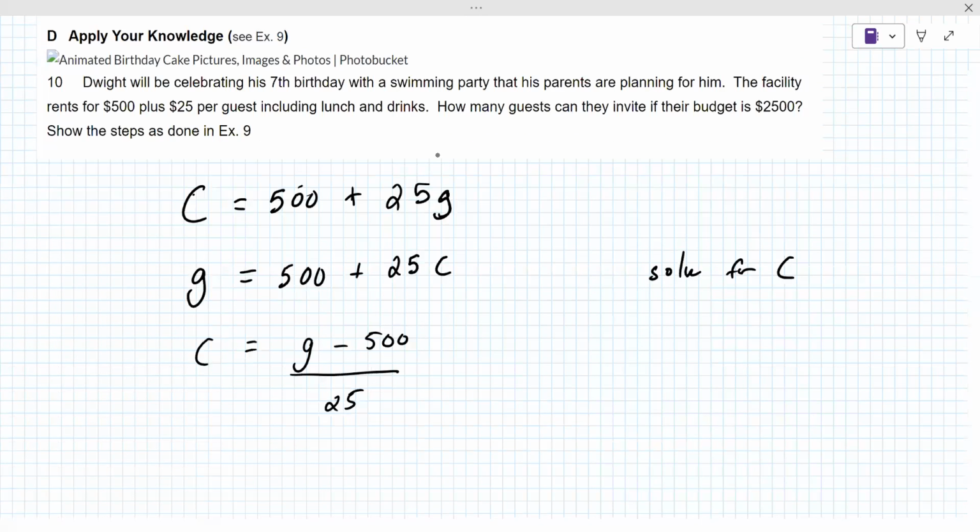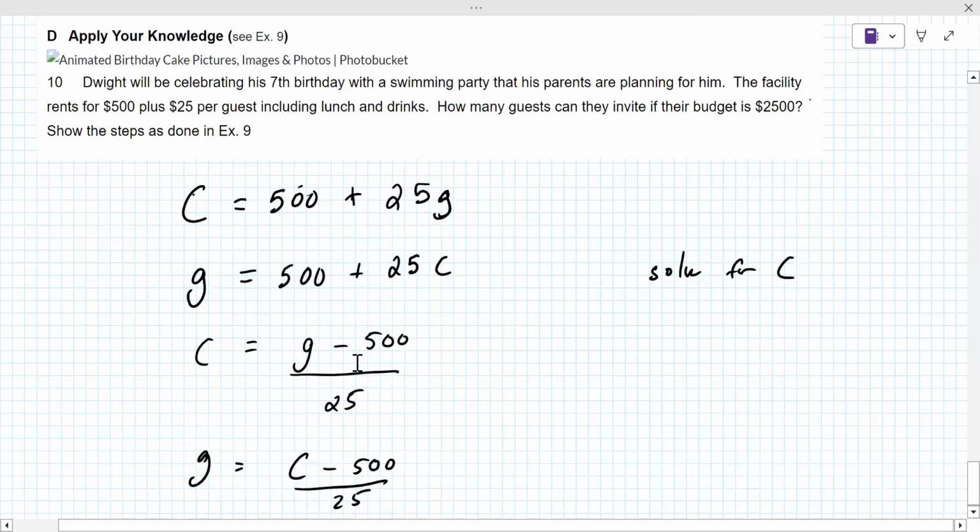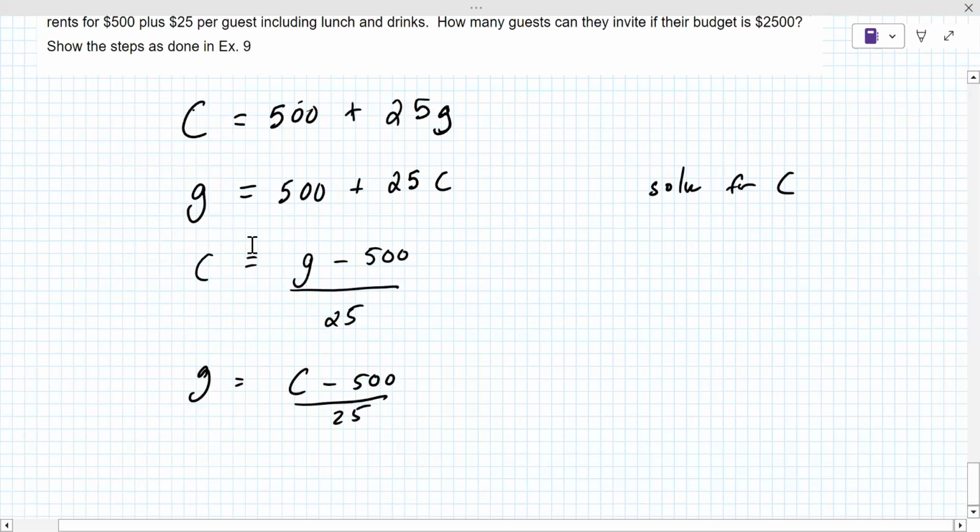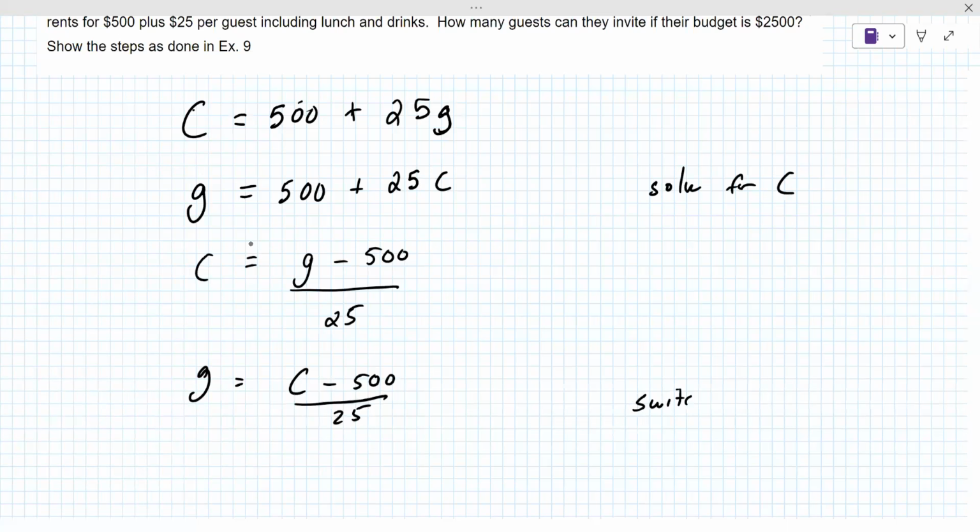What's awkward about this is you have to switch the variables back. So the number of guests is the cost minus 500 over 25. So you have to switch the variables back, which is very awkward.